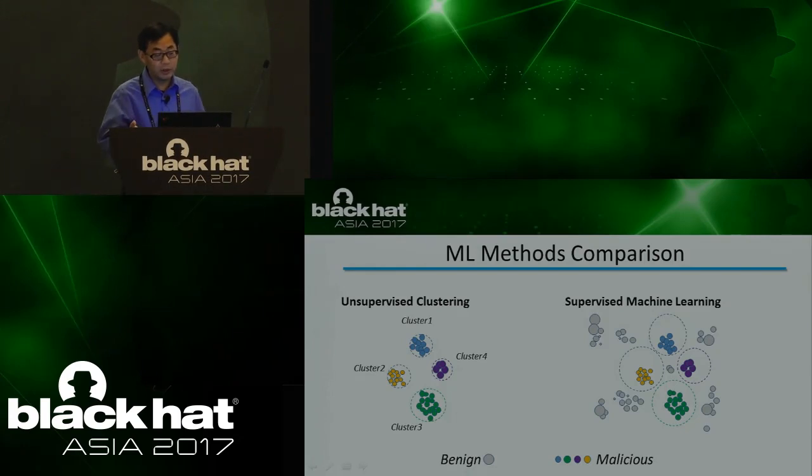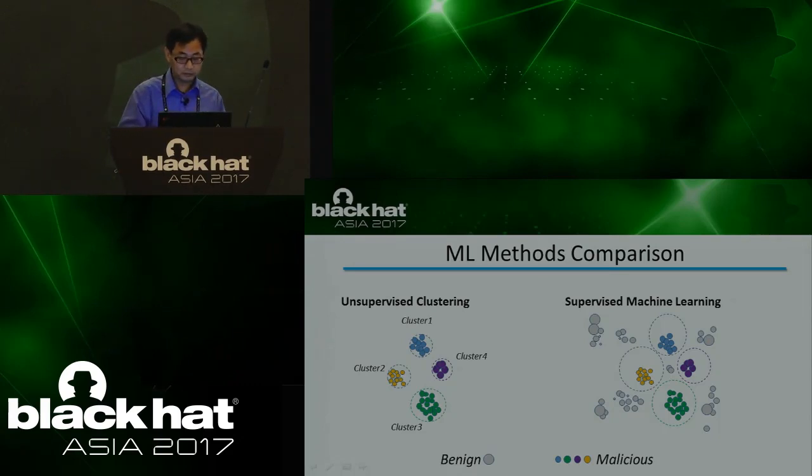For the supervised, we need both. Actually, we need a very good sample for the white, because otherwise you won't get a good model. The supervised method tries to find a difference. It draws a line to separate 2 families. But the unsupervised tries to find the similarity. It finds the common things and puts them together.